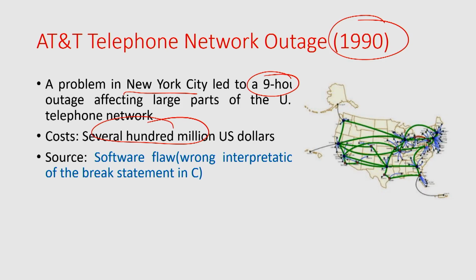And I want to highlight the problem: there was some flaw in the software in handling the break statement in C. There may be some scenarios where the break statement was not implemented correctly. So the impact is millions of dollars, but the flaw is very simple, right. Some break statement was not written properly. The condition under which you should break was not handled properly.